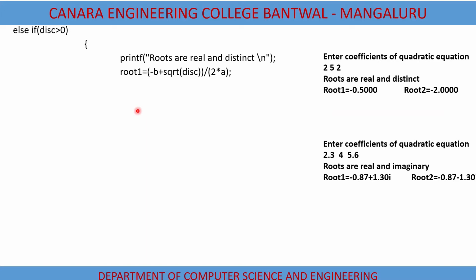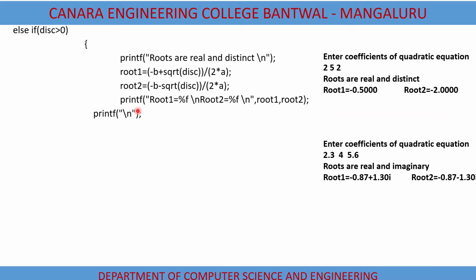So in this section, if the condition is false, so in the previous part we have checked whether the discriminant value is equal to 0, then it is going to say that roots are real and equal, calculate as per the formula, and display root 1 and root 2.